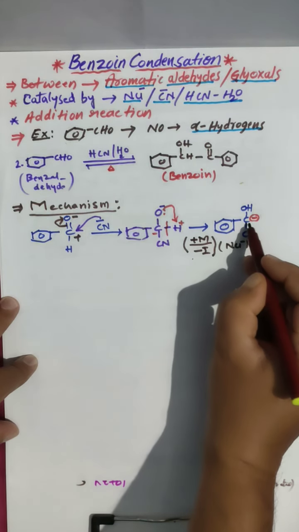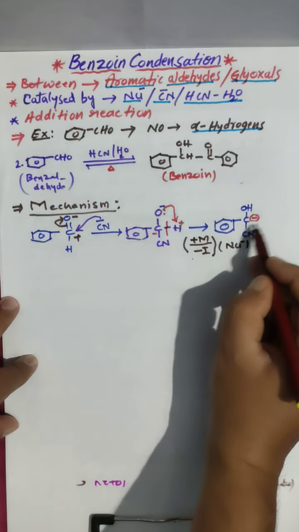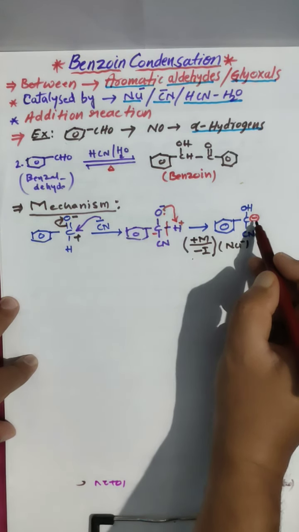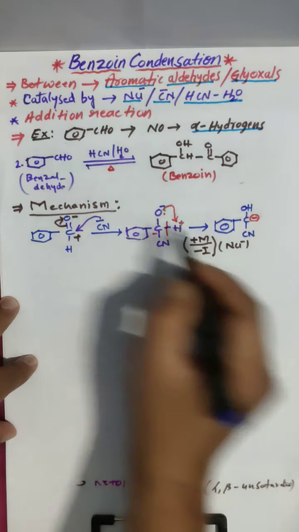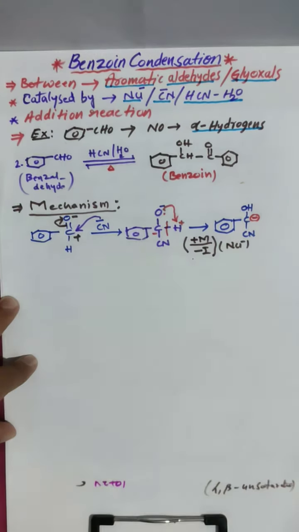When cyanide withdraws electrons from the carbanion, charge density decreases. When charge density decreases, stability increases. So finally we got the nucleophile, that is, catalyzed by a nucleophile.